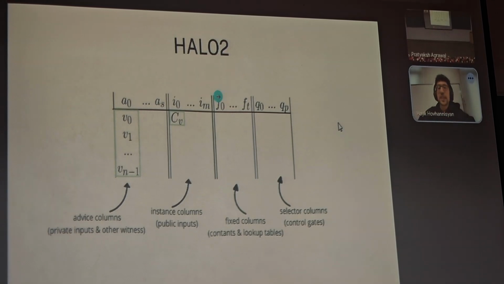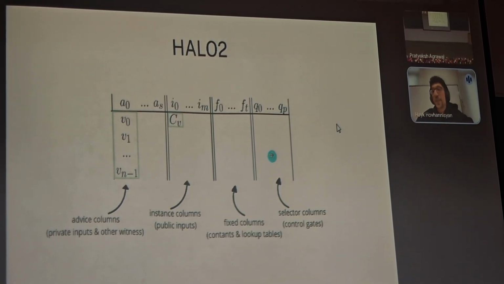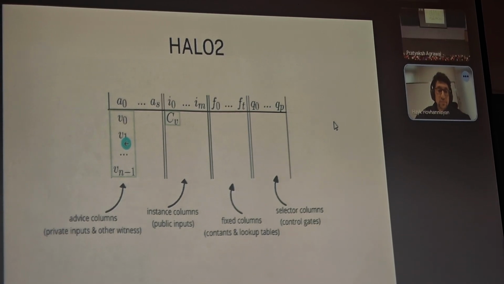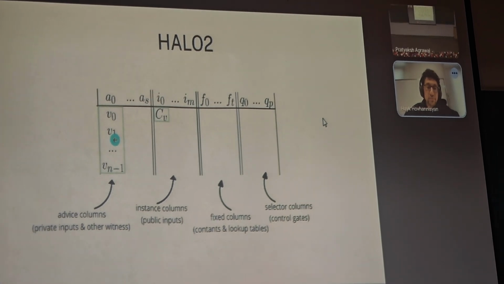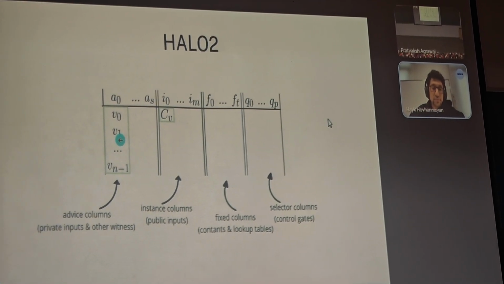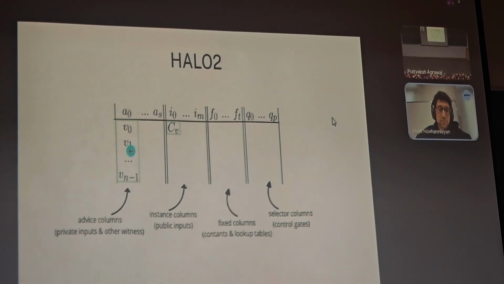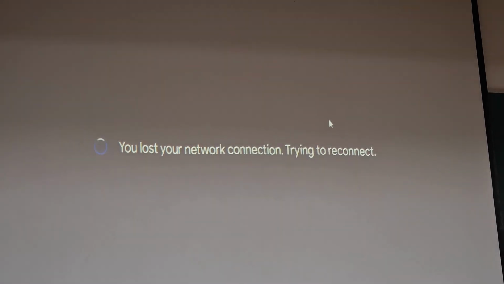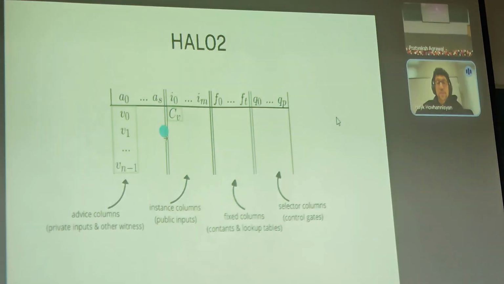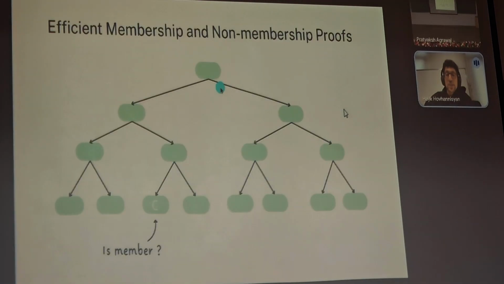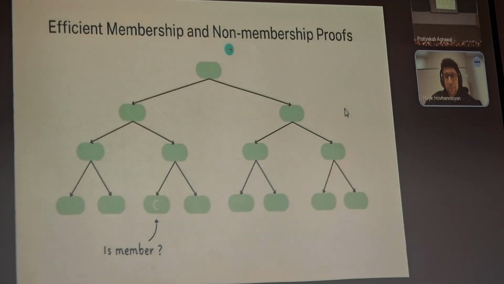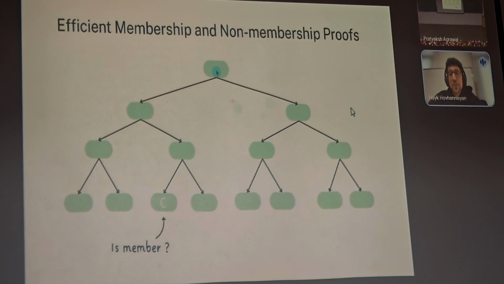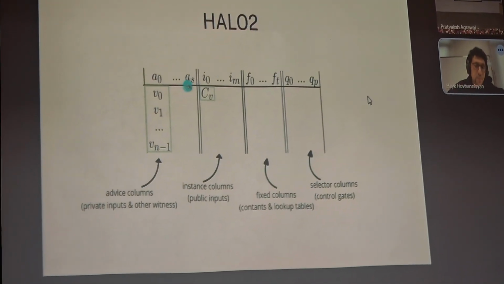Halo2 works by taking all our values and putting them into some sort of matrix. It can be different parts of data, but it will also include the commitment to these values. As we said, the idea of membership proof is you have some committed set of values, and you want to prove that you are a member of this set.